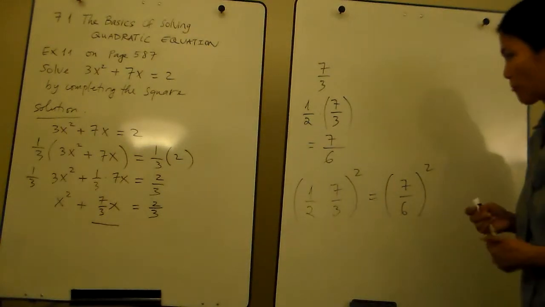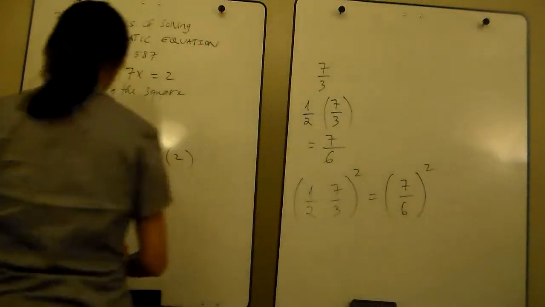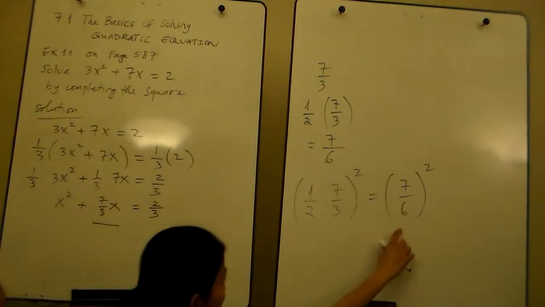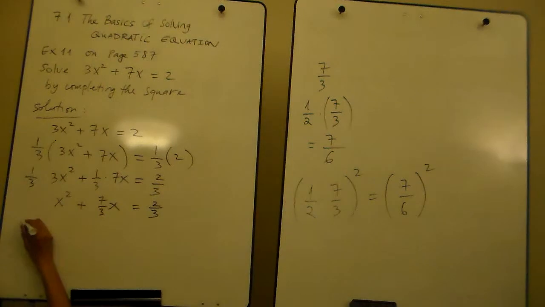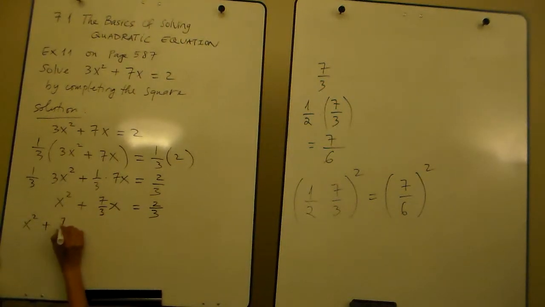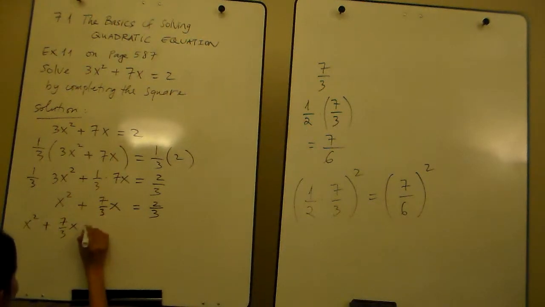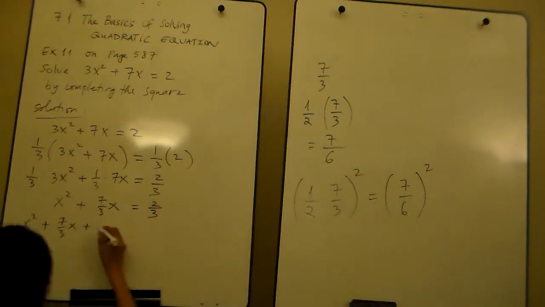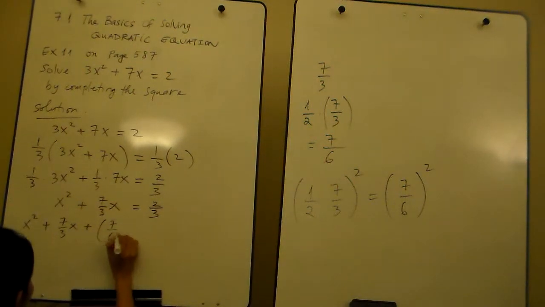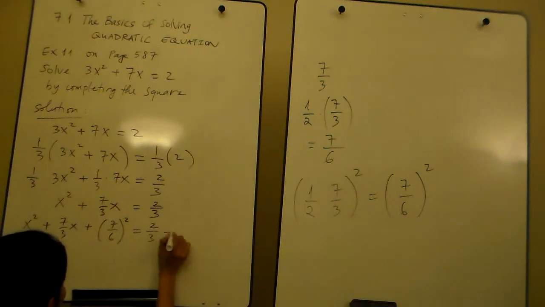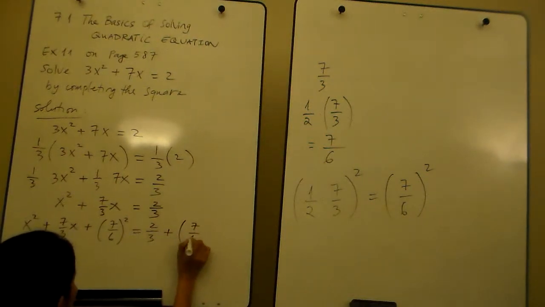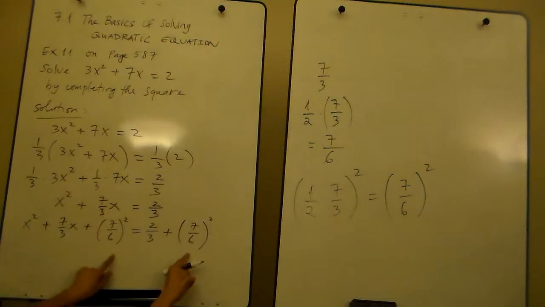Leave as this, okay? Alright, so I'm going to add this constant on both sides of the equation. So x squared plus 7 over 3x plus this constant 7 over 6 squared equal 2 over 3, adding it both sides of the equation.